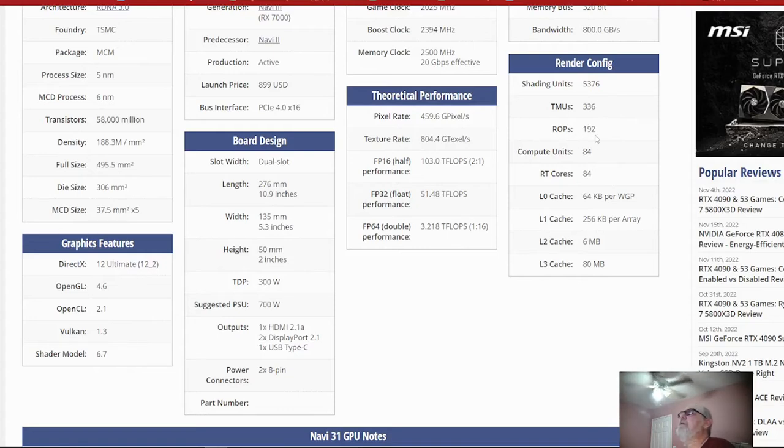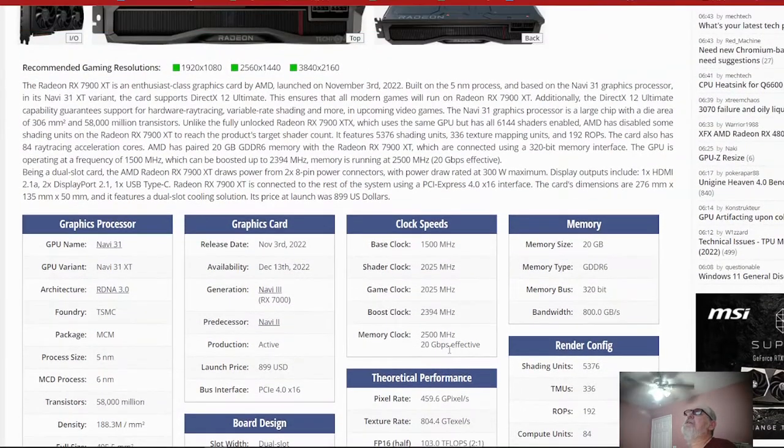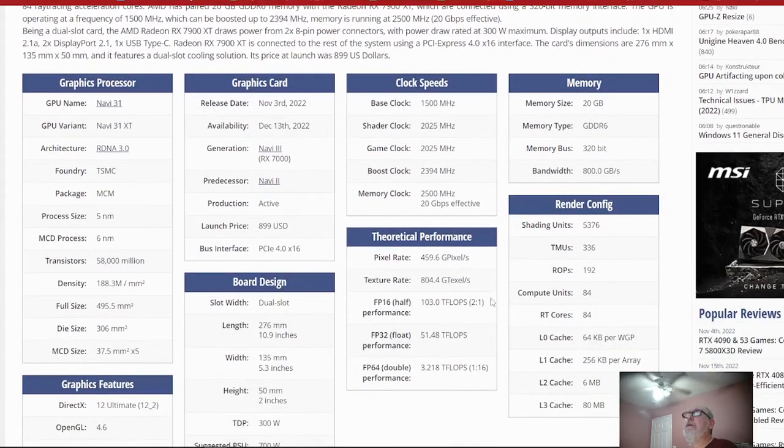It has 192 ROPs, TMUs is 336, and shading units, it has 5376. Now, that's still going to give you over 10,000. It's still going to give you over the 10,000 mark. Okay? Now, they're saying it's going to be $899 US, and it's PCIe 4.0 x16.